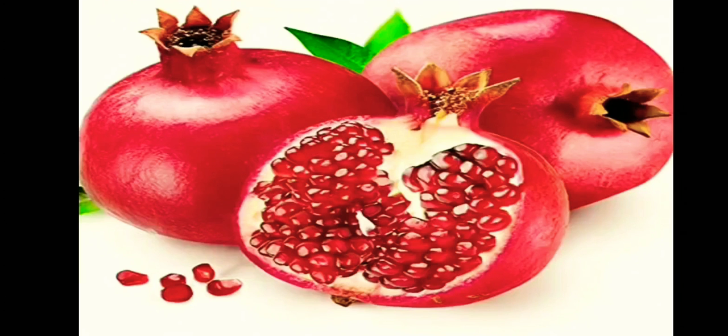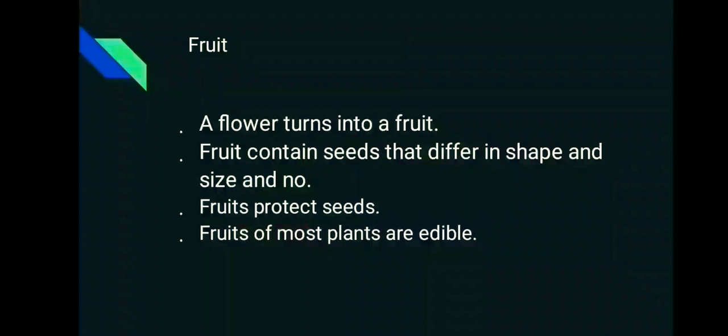So different fruits contain different kinds of seeds and different numbers of seeds. Seeds differ in shape, size and number. Now you know that fruit develops from flower, and it contains many seeds.